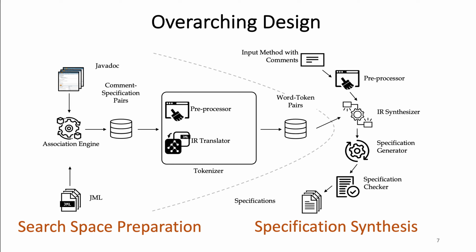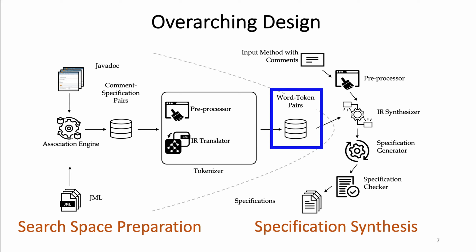We begin by using the association engine to automatically couple each specification with a natural language comment, and the generated comment-specification pairs are fed into the tokenizer to build word-token pairs, which will be used to synthesize specifications in the second phase.